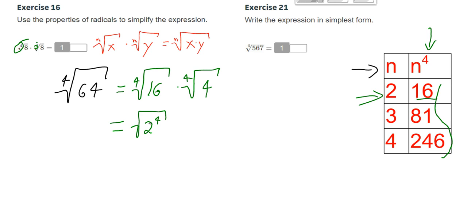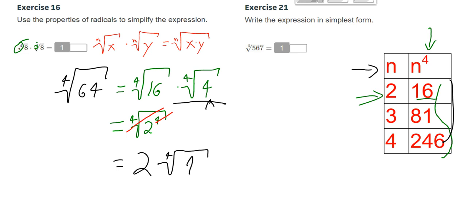Now the fourth root and the fourth power cancel each other out, like our square roots do, and we're left with the 2 in front. The 4 has no more factors from the table, so it stays inside the radical. We're left with 2 times the fourth root of 4.